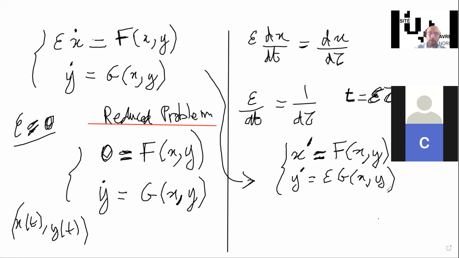Okay, so these two systems are equivalent. I just looked with a different time. And now if I take epsilon equals 0, I get what? x prime equals f of x and y, and y prime equals 0. Okay, and this is called the layer problem.